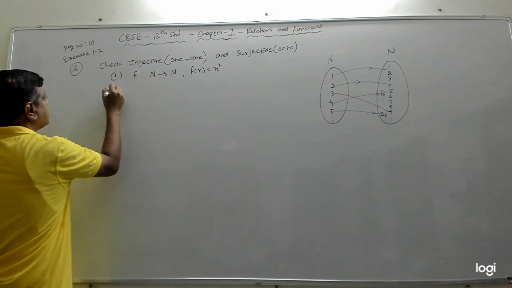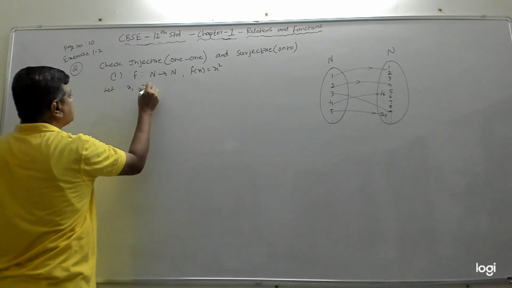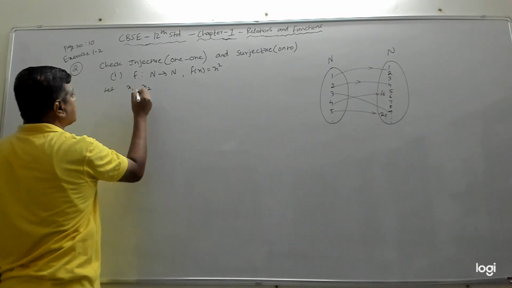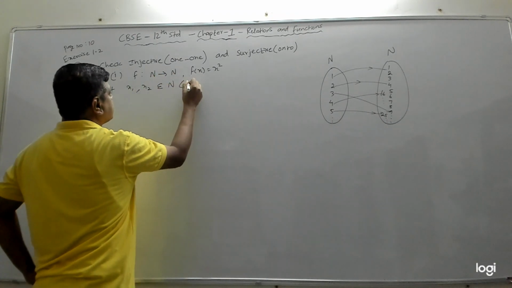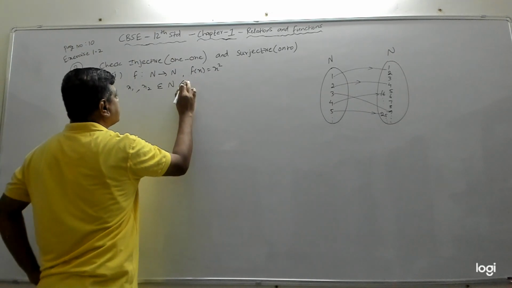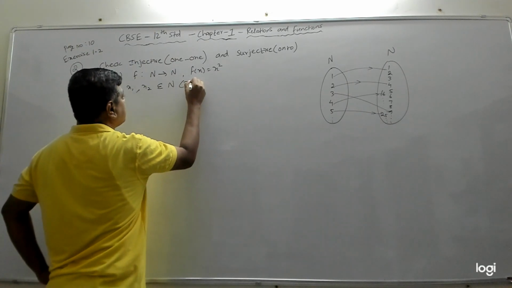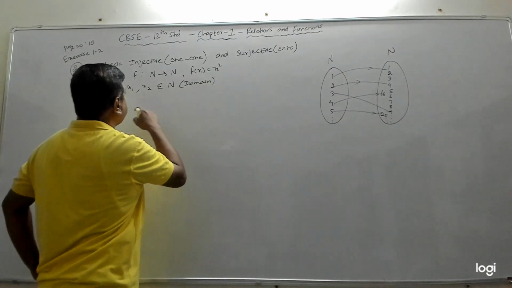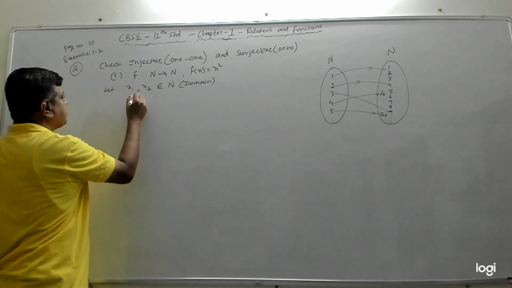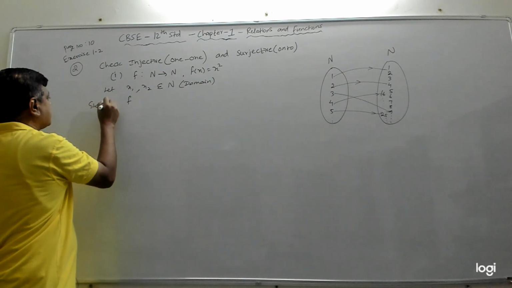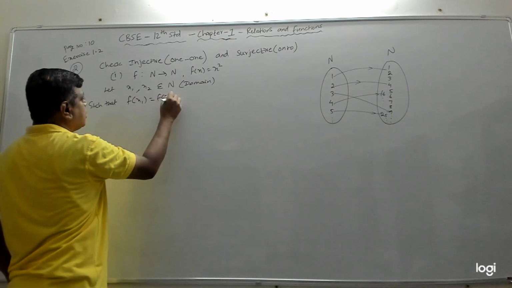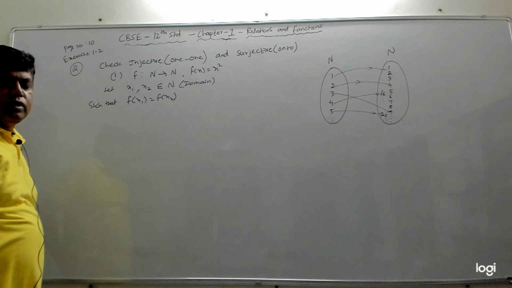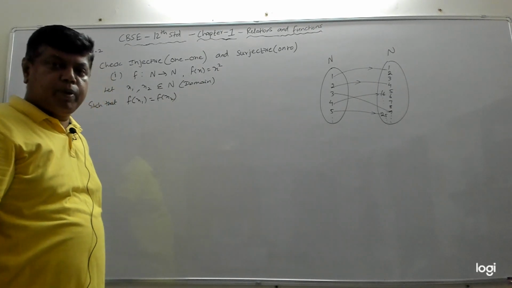We'll say let x1, x2 belong to N, which is the domain. From the domain, we take two elements such that their images are the same, such that f of x1 equal to f of x2, and we should prove x1 equal to x2. If you prove x1 equal to x2, then f becomes one-to-one.